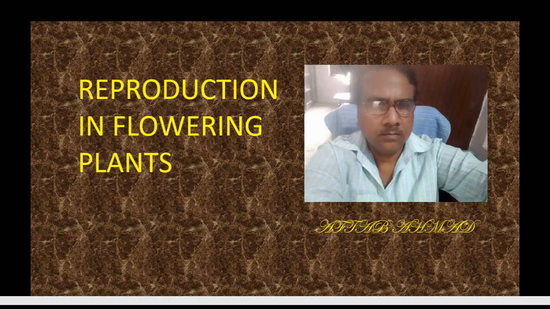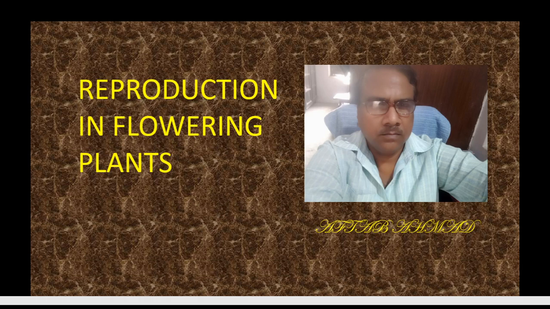On the basis of formation of flower in a shoot system, we may say that flower is a highly condensed and modified form of shoot. It is the reproductive part of the flowering plants.